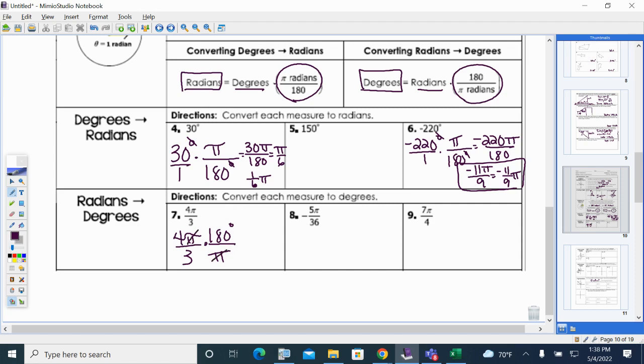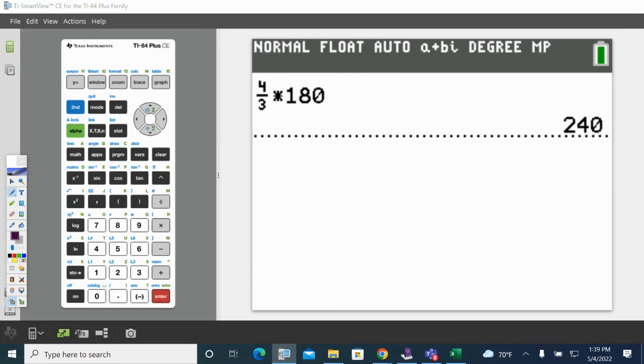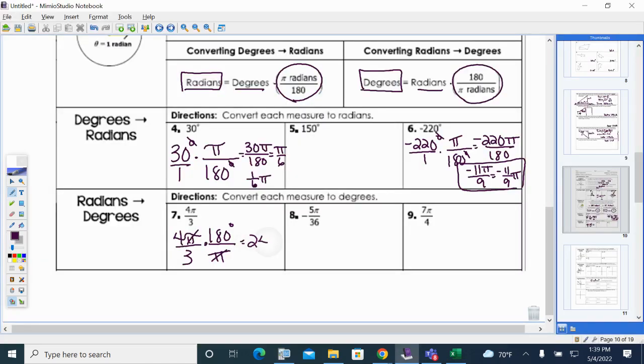So then we'll get rid of the pi's, and then you're going to probably use your calculator here to multiply your 4/3 times 180. So 4/3 times 180 gives me 240 degrees. Okay? And again, if it's a negative radian measure, then you're going to have negative degree measures. So let's continue on.